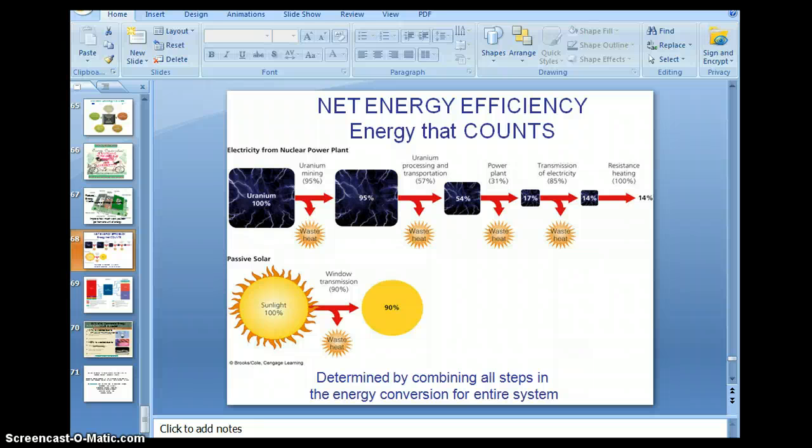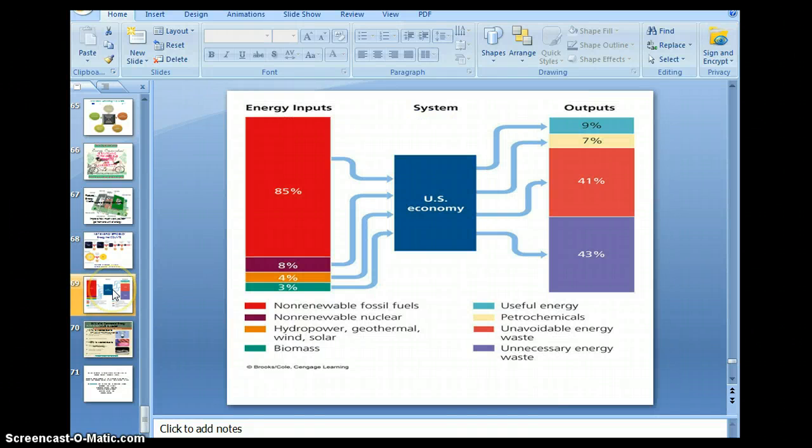Because you have to take the whole process into account, and they're only considering the waste heat. They're not even considering dealing with the waste in this diagram. Solar as a passive system is 90% efficient. Obviously, we need electricity production and not passive, but that's an example.